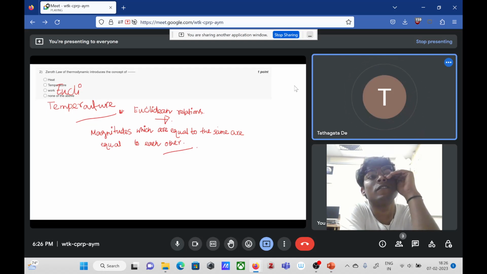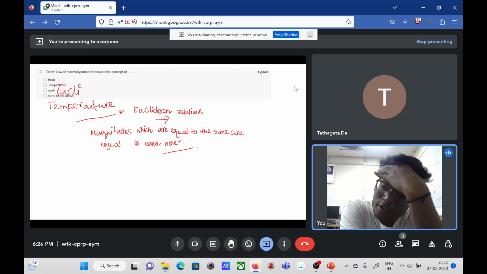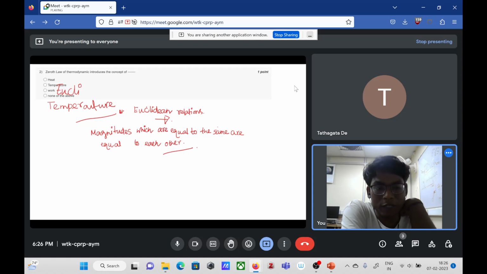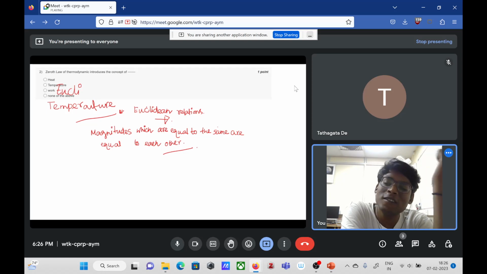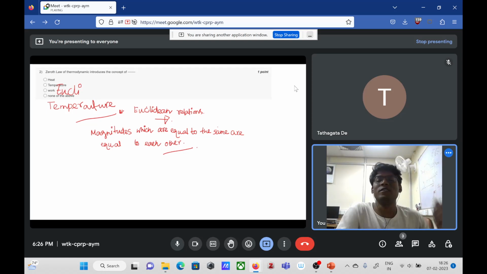Maintain the sequence. Yes, quite right. The first, second, and third laws came pretty early, before this zeroth law, so we couldn't put this as the fourth. That's why we have to put it before the first, second, and third, and that's why it is the zeroth law of thermodynamics.